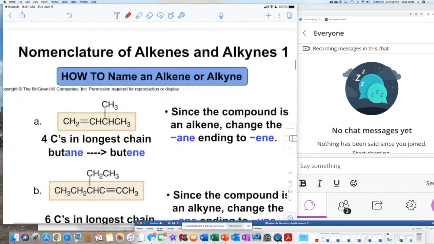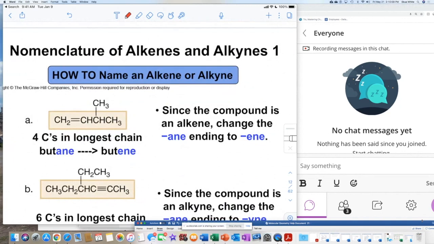Okay, once we have the longest chain, it says, since the compound is an alkene, change the ane from the alkane. So they're trying to say, since you already know how to name alkanes, name it as though it was an alkane, right? Name it as though it was an alkane, but replace the ane with the ene.